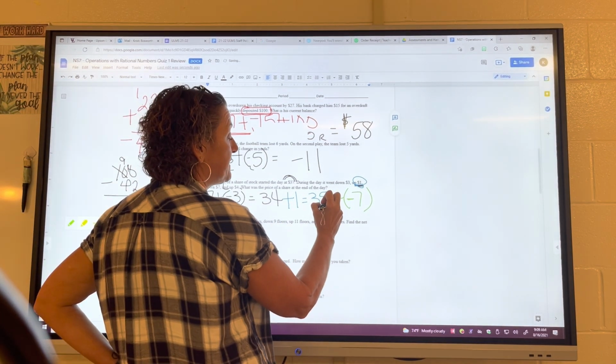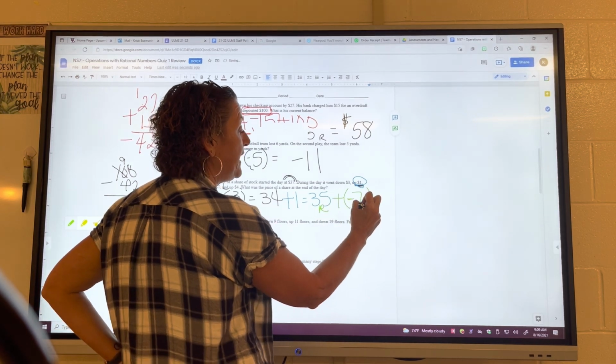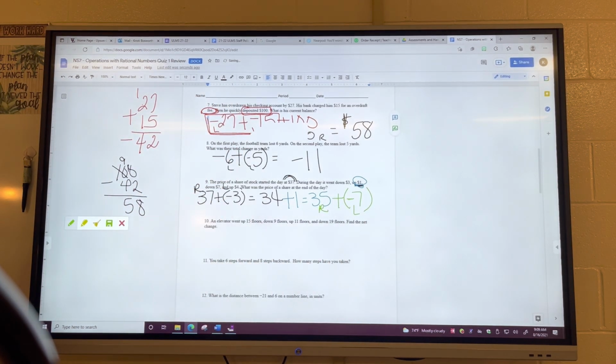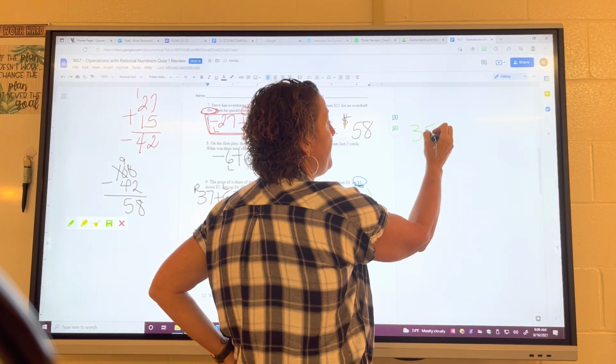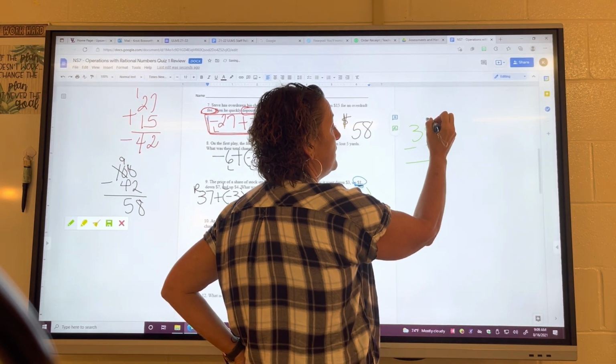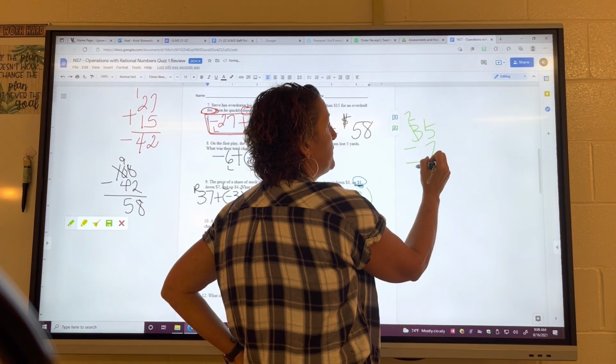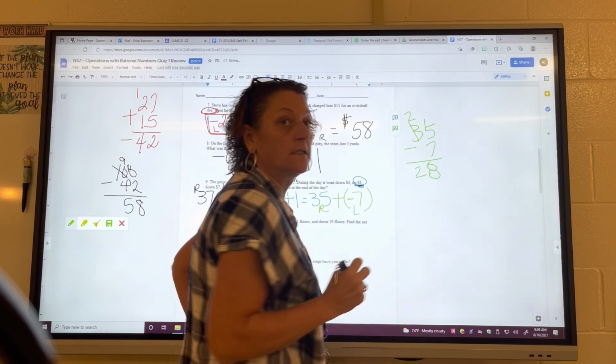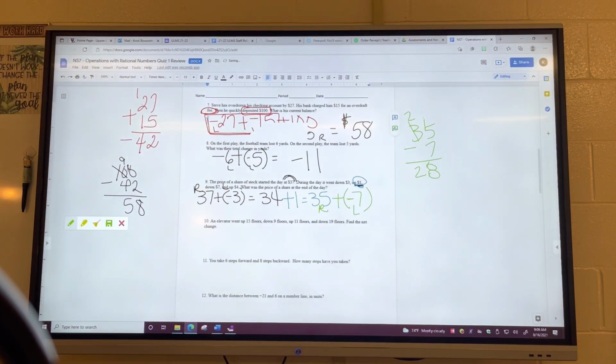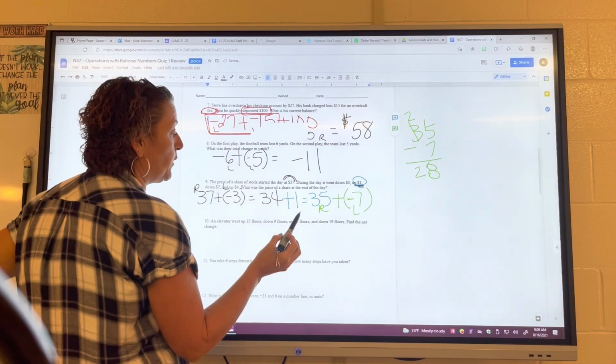Because look, this is a right and left. Does everybody see that? That's a right and a left. So we've got 35 minus 7, which is 28. Do you agree? 35 minus 7 is 28.